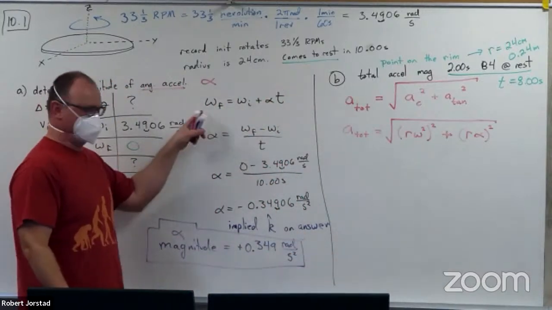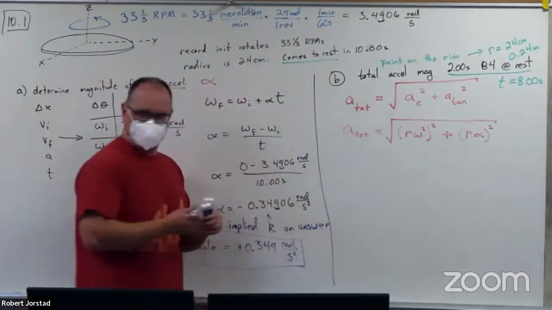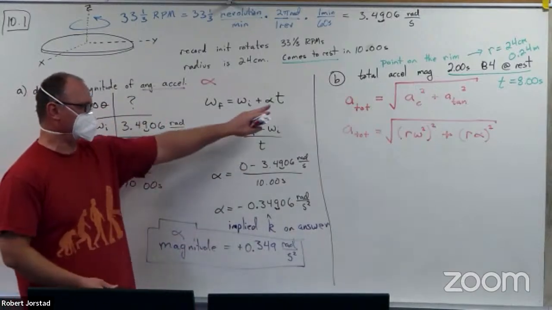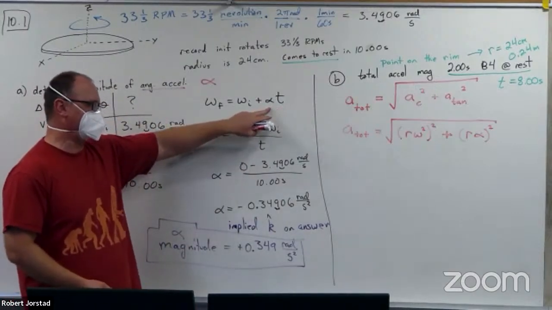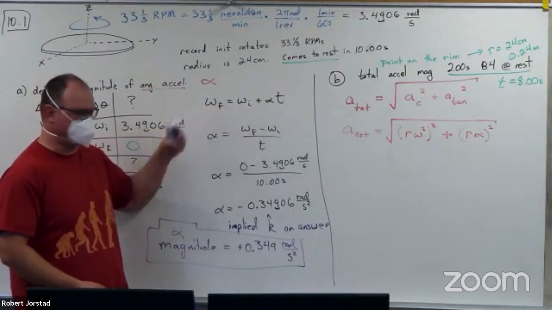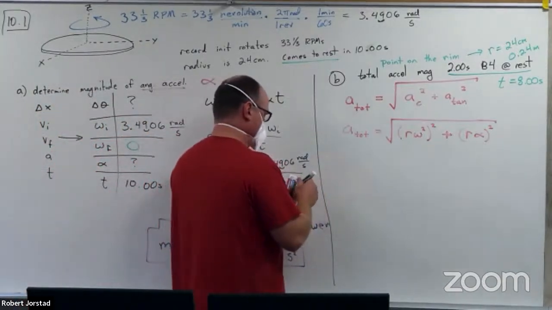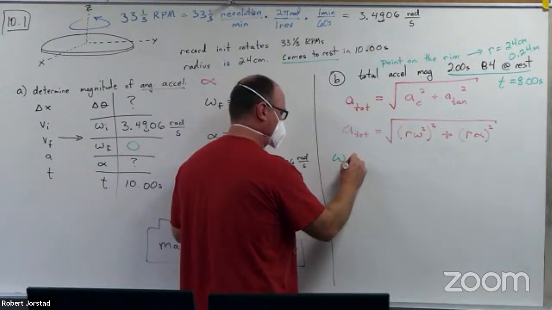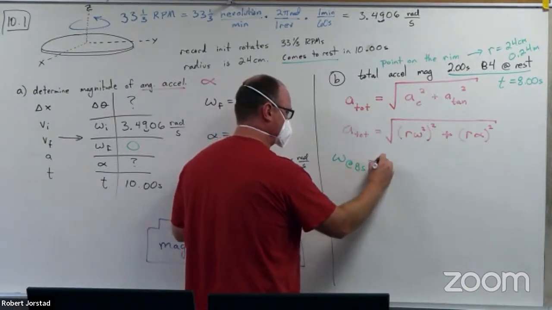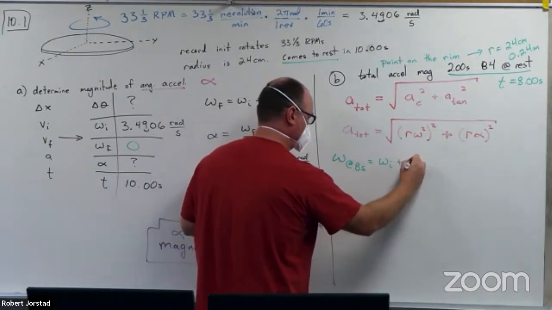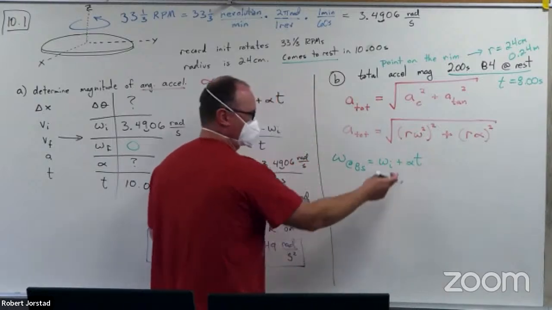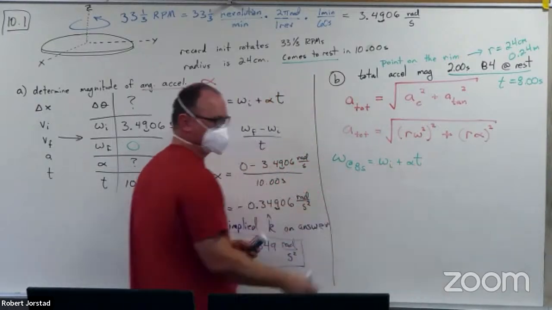The one we just used. Now what's different about it is now we know the time and the alpha and the initial, but we don't know omega final. So I would say omega at 8 seconds. We know alpha, t, omega initial, we plug them all in.